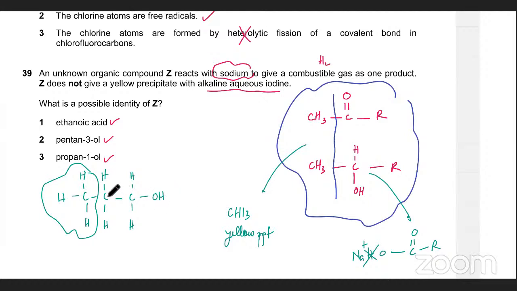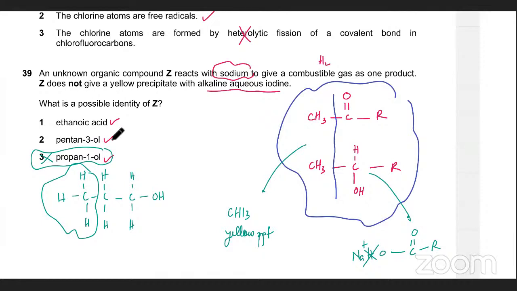We don't have that. So propan-1-ol is gone. Actually, that would be the answer. He's saying it does not give a yellow precipitate, so that will give a negative test. So that means this is actually the correct one. Remember, it should not give a yellow.